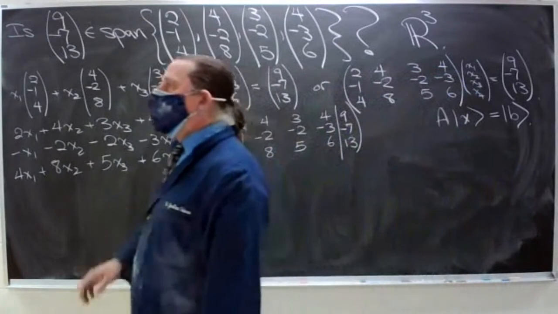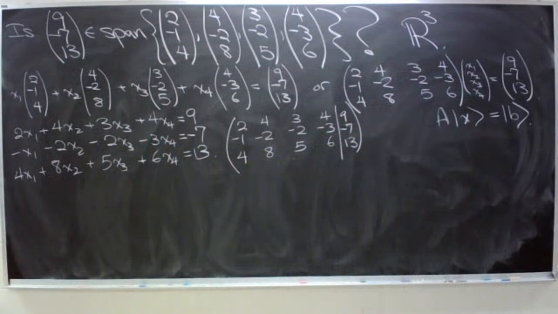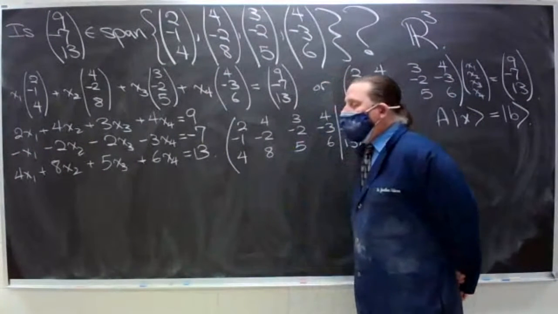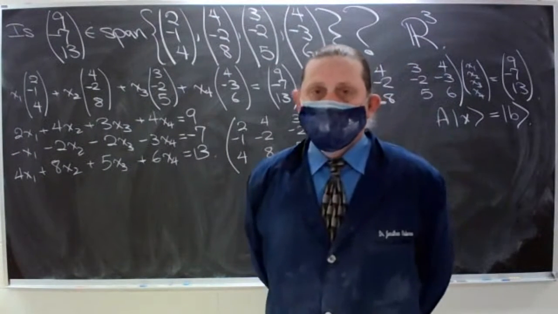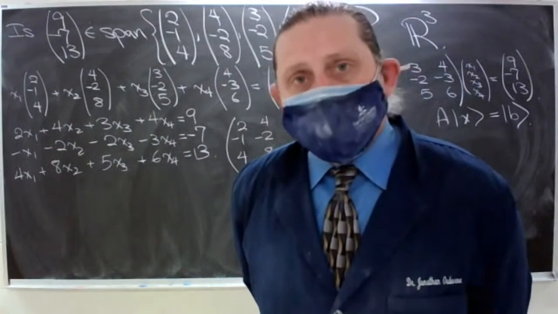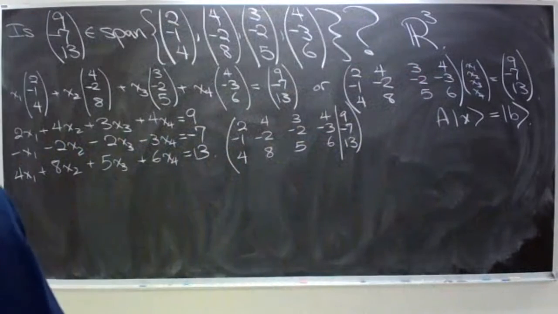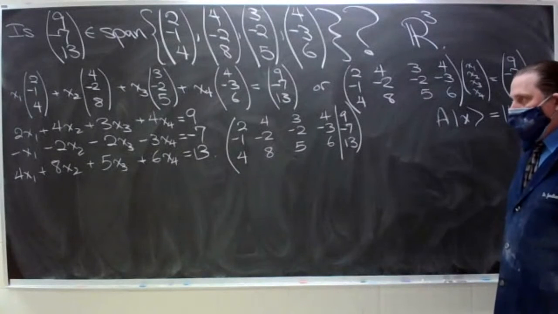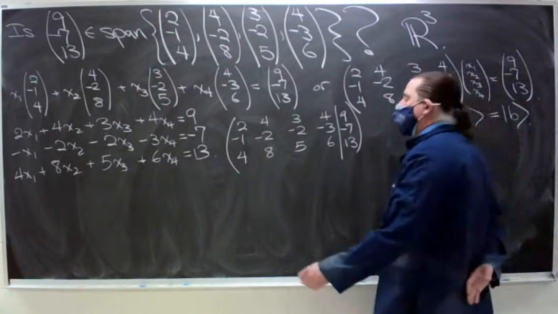All right. Now our goal here will be to simplify this system as much as possible. To that end, we're going to be trying to make as many zeros as we can. Philosophically, a zero in a column means that the variable associated with that column does not appear. All right?